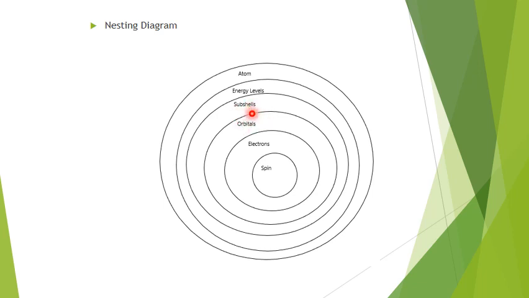Inside the subshells, there are orbitals. An S subshell has 1 orbital, a P subshell has 3 orbitals, a D subshell has 5, and so forth. Each orbital can have up to 2 electrons, and electrons can have either up or down spin.